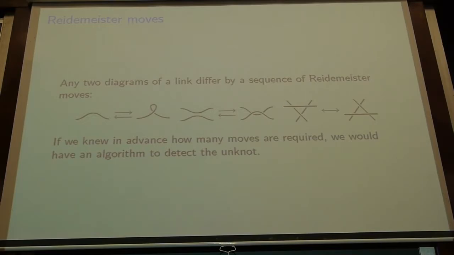The reason is, you take your diagram, you apply all possible Reidemeister moves to it, of which there are finitely many, and you get a collection of diagrams. Then for each of those, you apply all possible Reidemeister moves, and so on. And you get an increasing collection of diagrams of your knot. And you know, because of Reidemeister's theorem, that if it's the unknot, you'll eventually come up with a sequence which takes it to the round diagram.